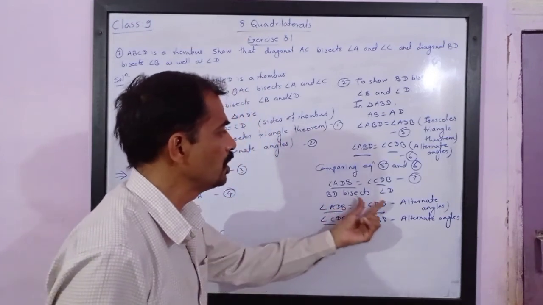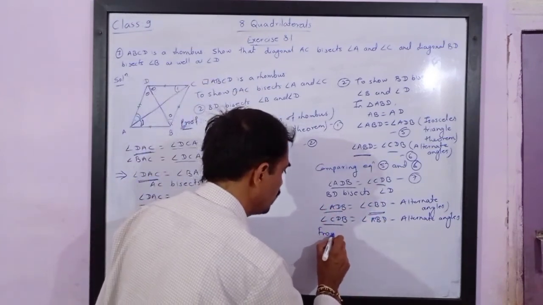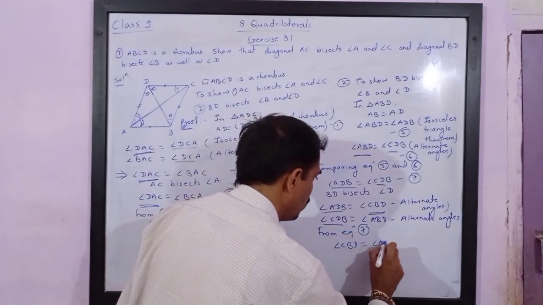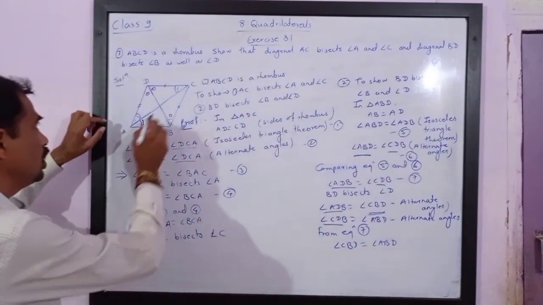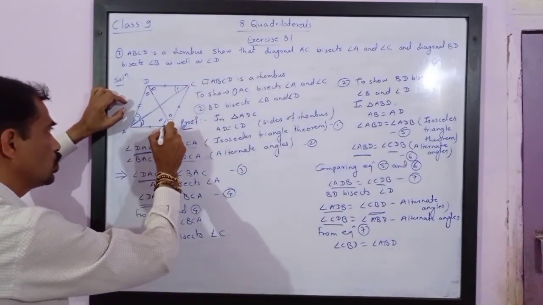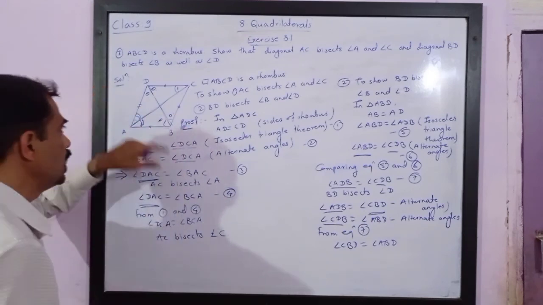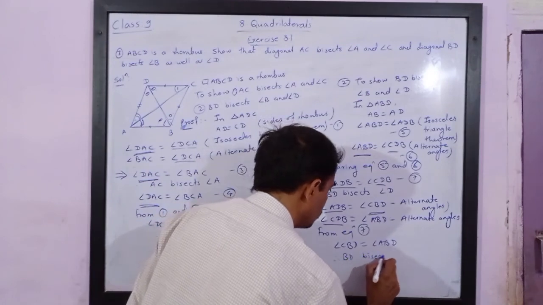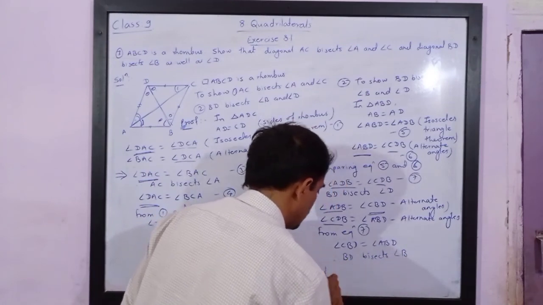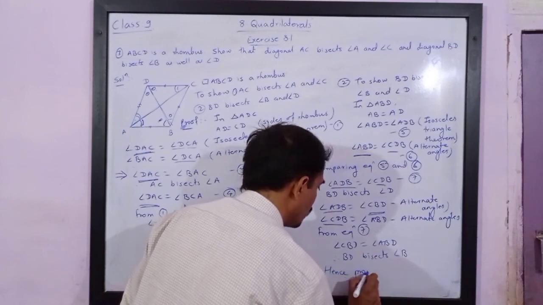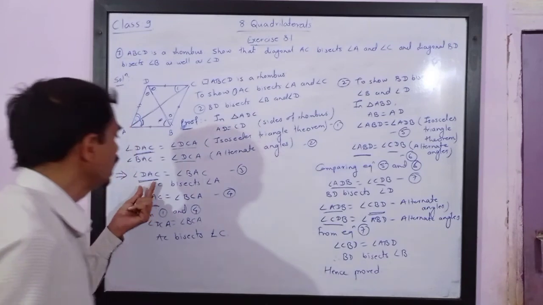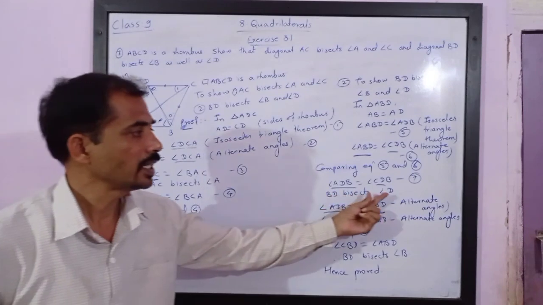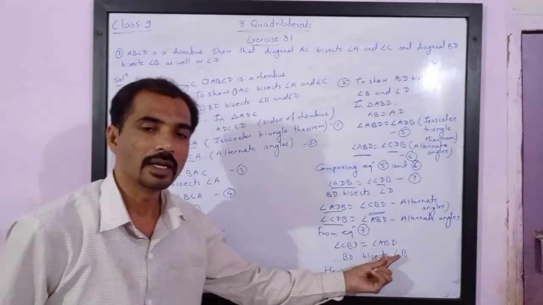LHS are equal, it means RHS must be equal. So from equation 7, I will get angle CBD equals angle ABD. See, I have got CBD equals ABD, that is these two angles are equal, it means BD bisects angle B. Therefore, BD bisects angle B. Hence, we have proved all four things. That is, AC bisects angle A, AC bisects angle C, then BD bisects angle D, and BD bisects angle B.